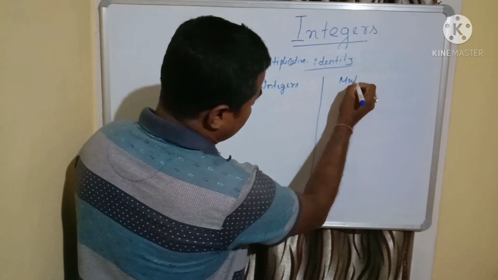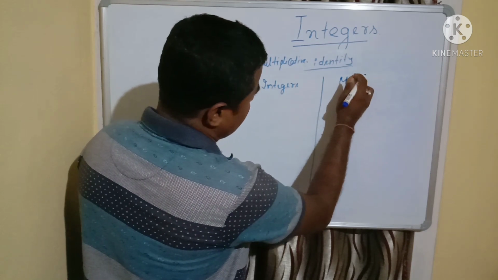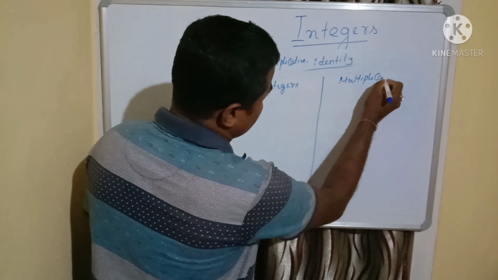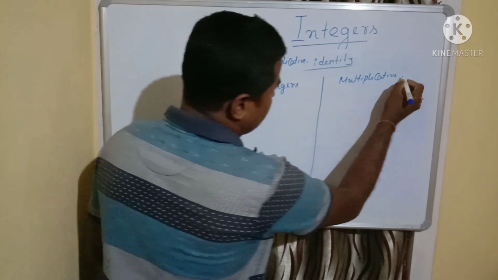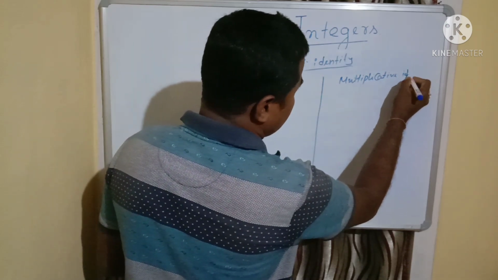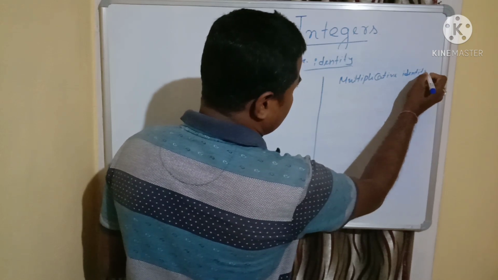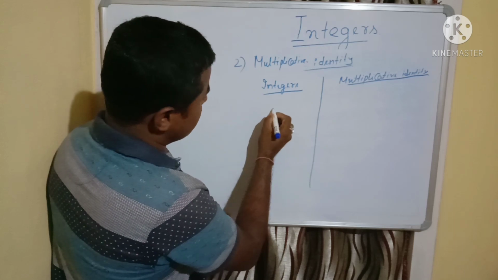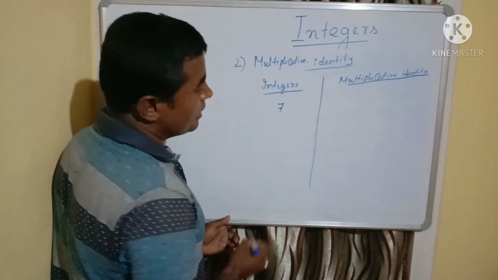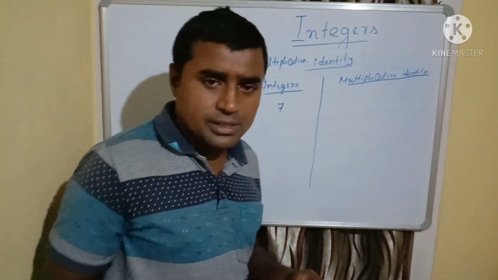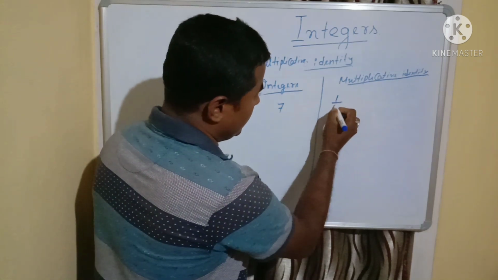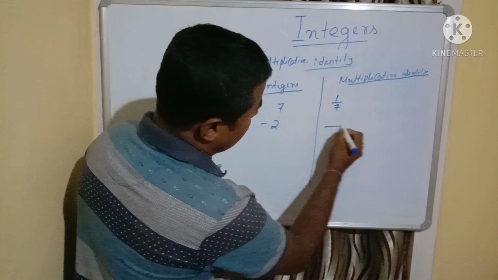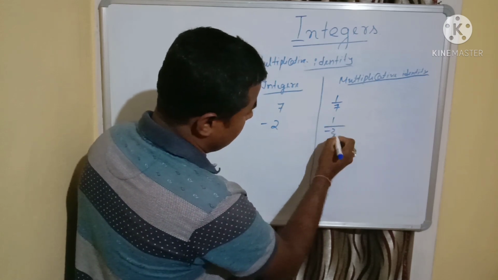And multiplicative identity. Okay. So integers, let 7, multiplicative identity of 7 is 1 by 7. Yes, 1 by 7. Then minus 2, multiplicative identity of minus 2 is 1 by minus 2.